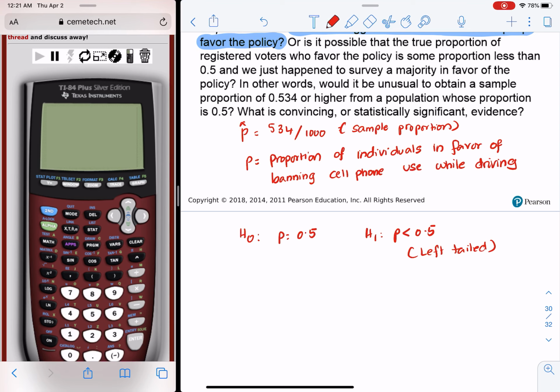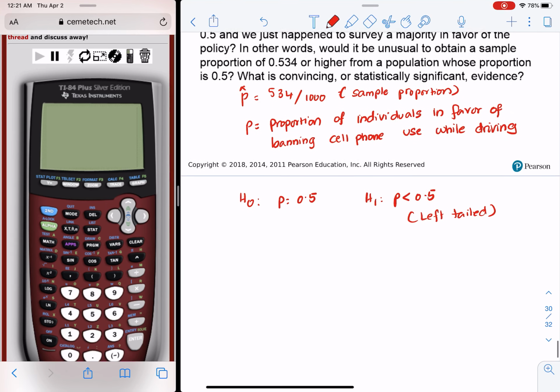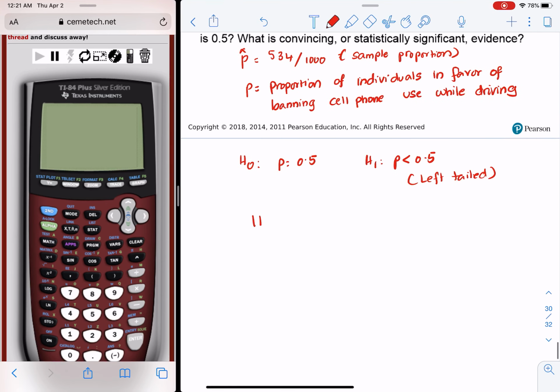But we could also ask the question, would it be unusual to obtain a sample proportion of 0.534 or higher from a population whose proportion is 0.5? So that case would be p equals 0.5, and the alternative is p greater than 0.5.